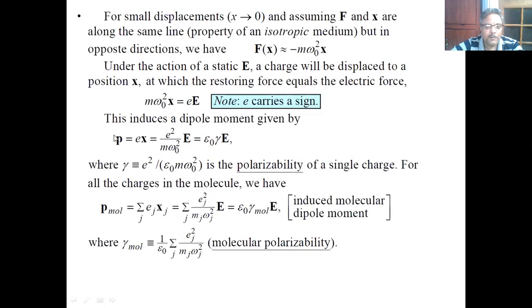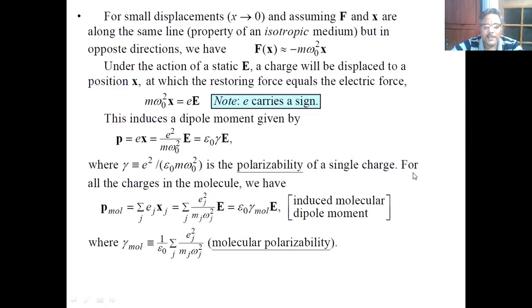The dipole moment is defined as e times x, and we substitute this x from this equation, and we get the dipole moment. We write this constant part as epsilon 0 gamma, where gamma is the polarizability in terms of e, epsilon, m, and omega.